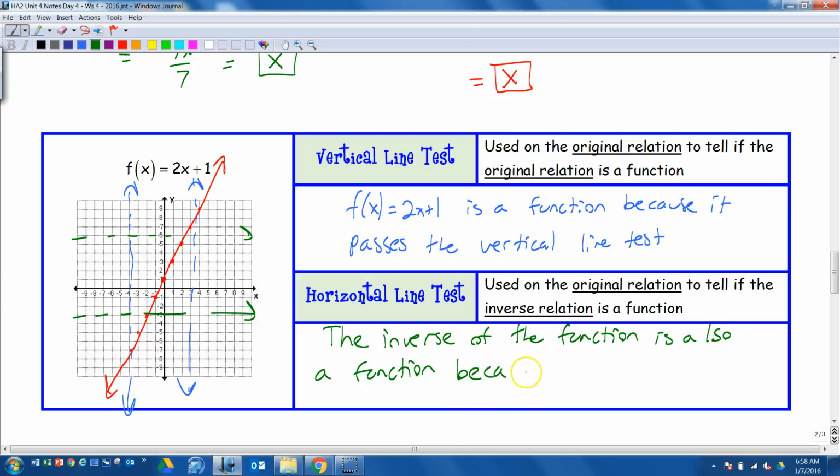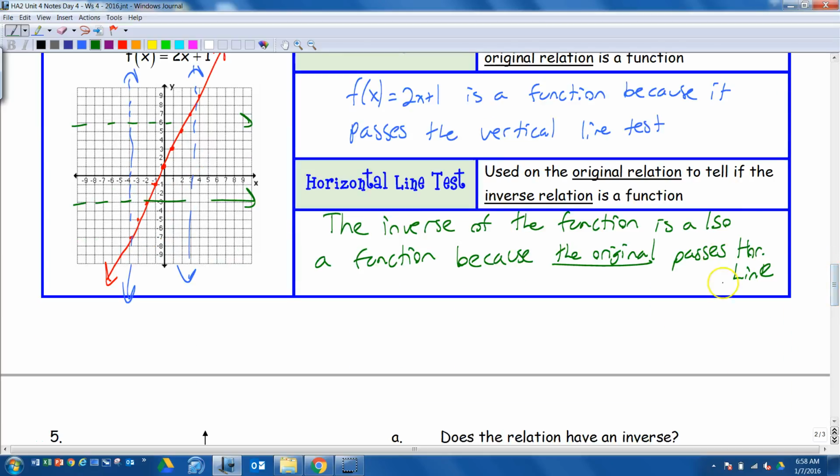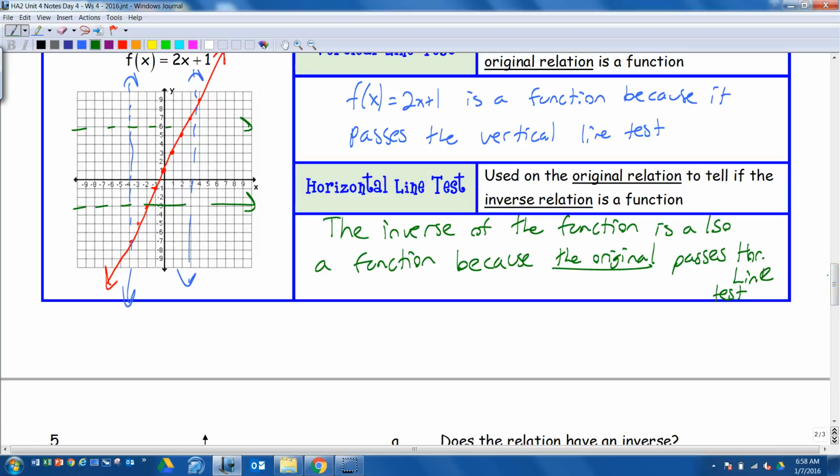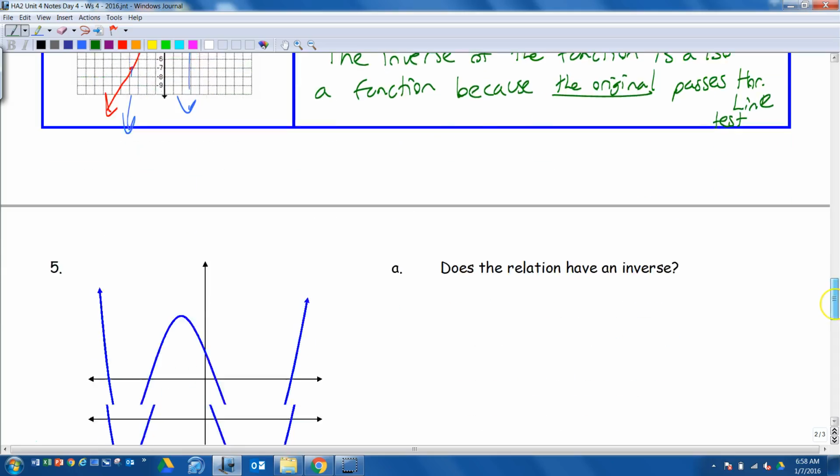You can't just say because it, because if you say it, you're implying the inverse did. So it's because the original passes the horizontal line test, the original function. Okay? So you use the horizontal line test on the original. Or you could graph the inverse and then do the vertical line test on it to see if it's a function.